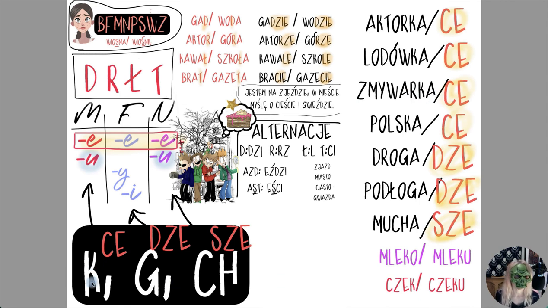So zmywarka becomes zmywarce. Now Poland, Polska. I'm thinking about Poland. Myślę o Polsce. I keep the S, but I replace KA with C. Myślę o Polsce. I'm thinking about Poland.